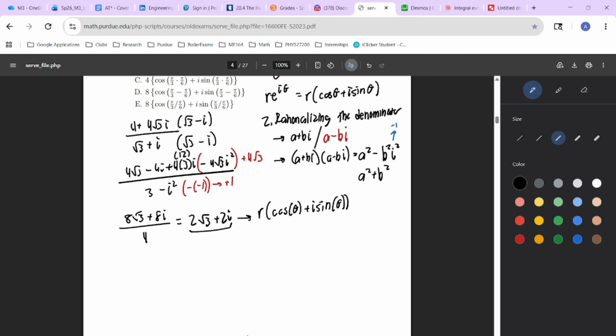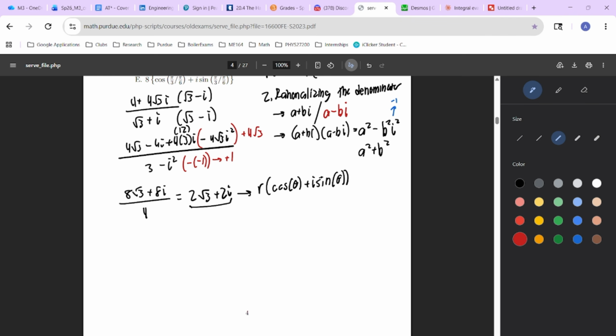Now, it's pretty simple to see what that r has to be. r has to be equal to 4 in this case, because we can take 2 root 3, and if we divide that by 4, we end up getting root 3 over 2, and then we can just reference the unit circle. Likewise, we can take 2i divided by 4, we get i over 2, or i times 1 over 2, and that can be represented by the same angle on the unit circle.